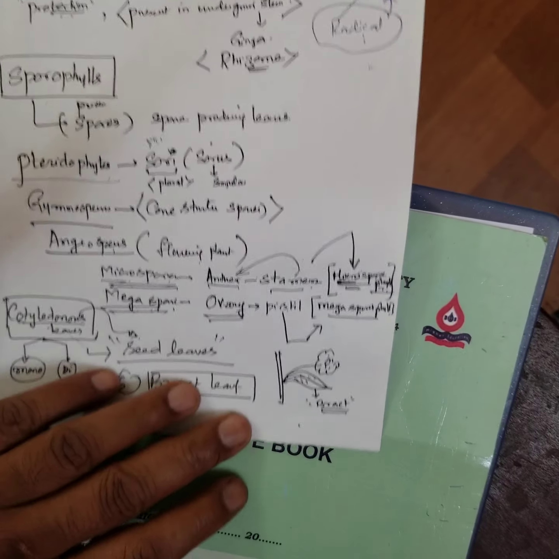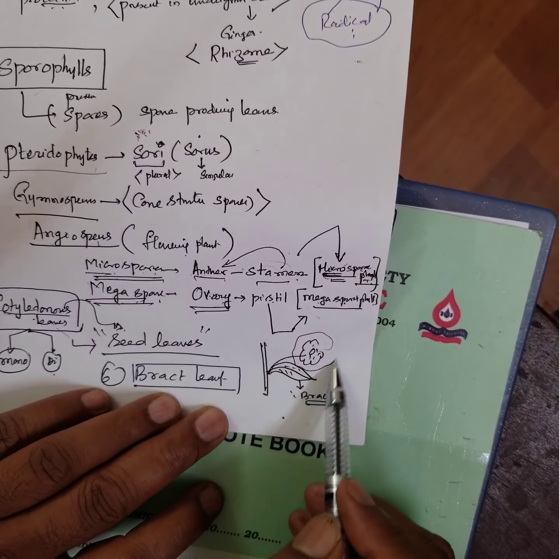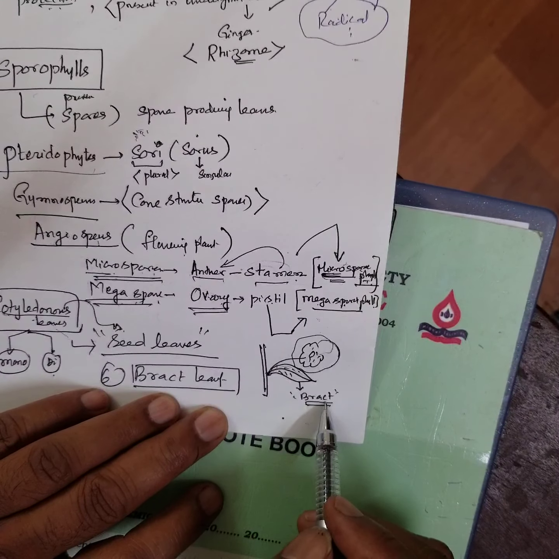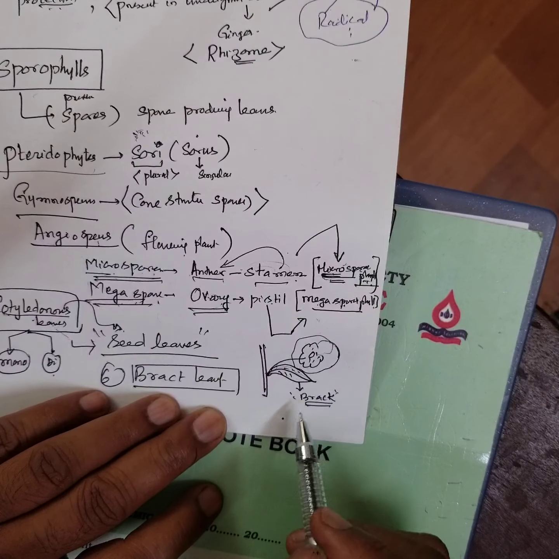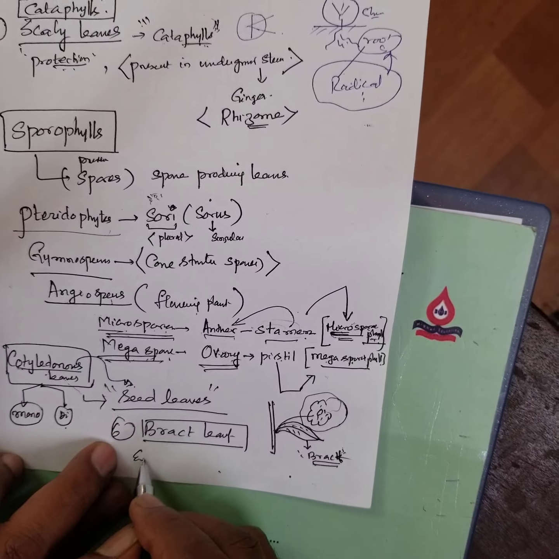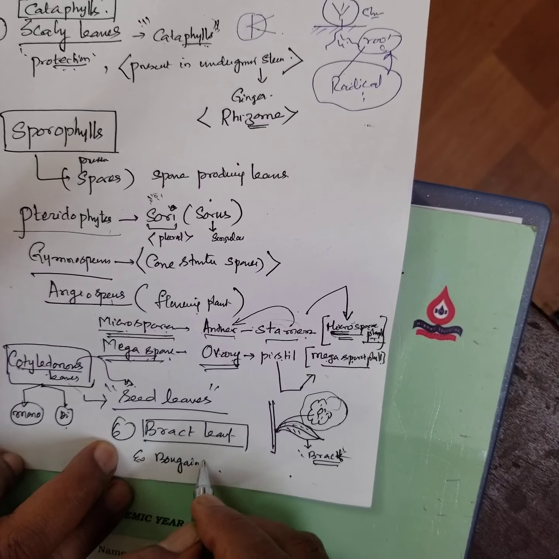Okay. See, if you have a flower, and the leaf attached to it is called bract. See, there is an example you give, Bougainvillea.